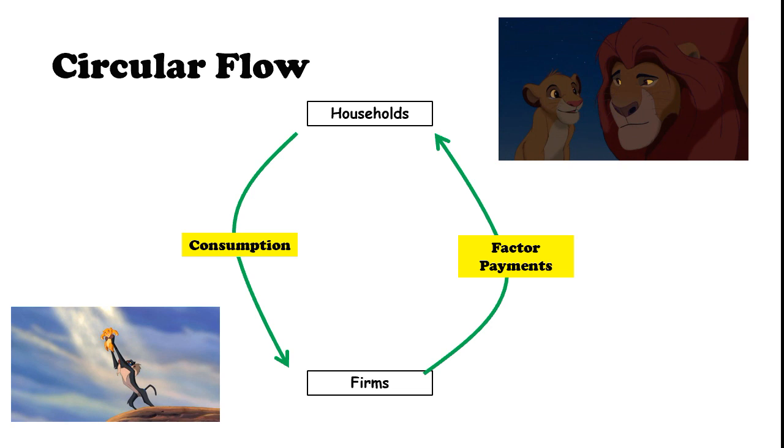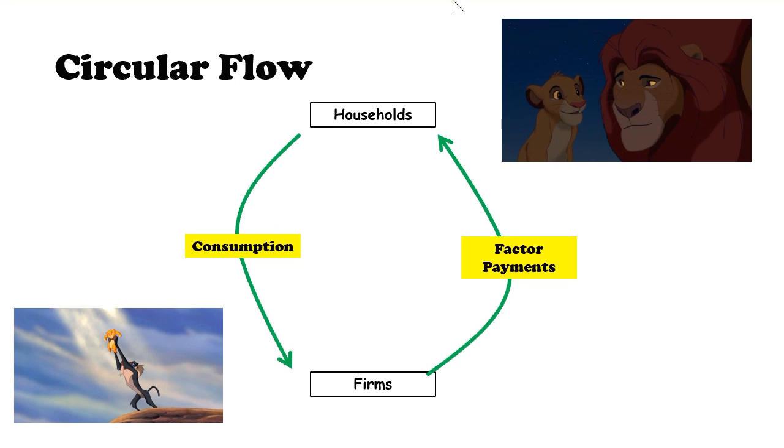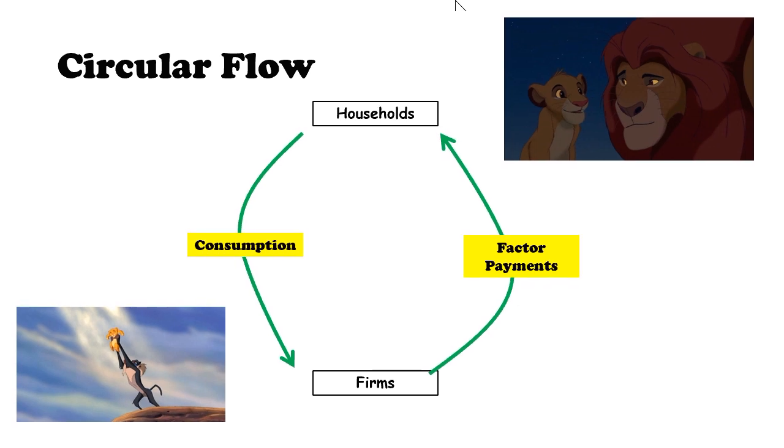So what happens? Why is this called a flow, and why is it a circle? Okay, so what's happening here? Household buys stuff.